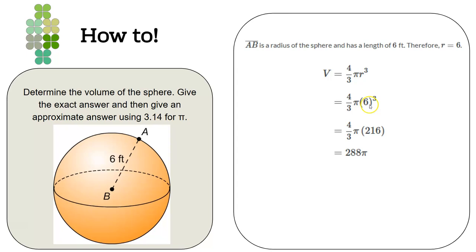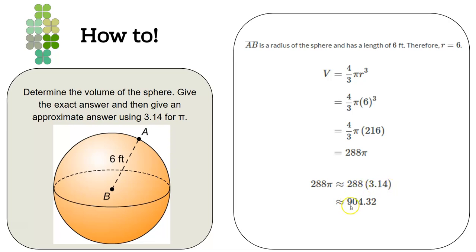We've plugged in 6 for our radius. 6 cubed, or 6 times 6 times 6, is 216. Now we're going to say 4/3 times 216. That's 288 pi.